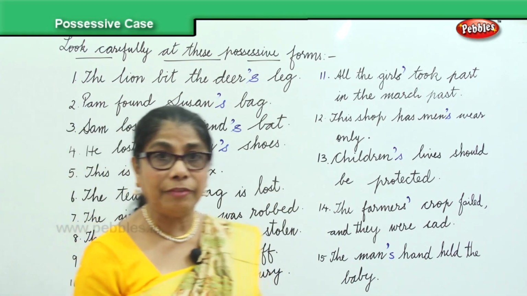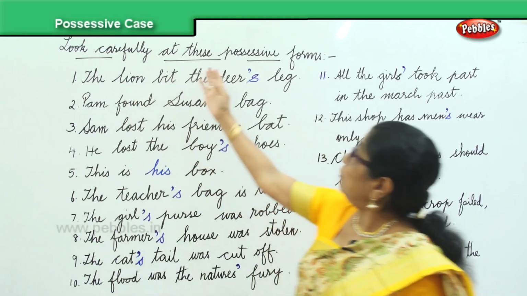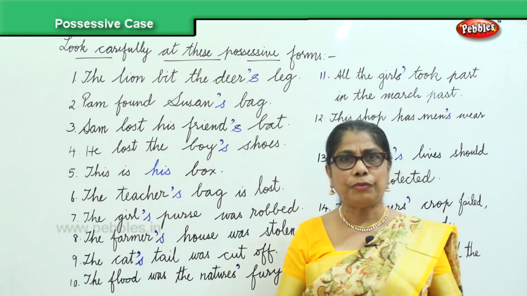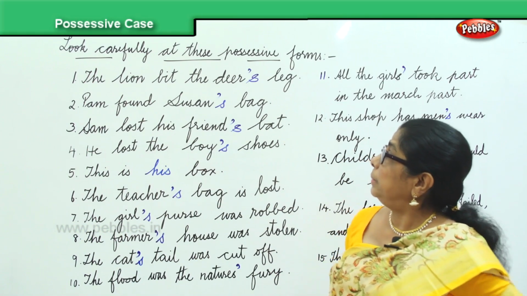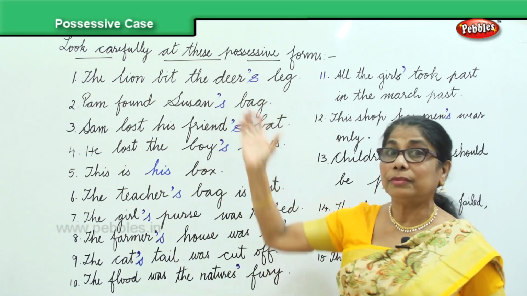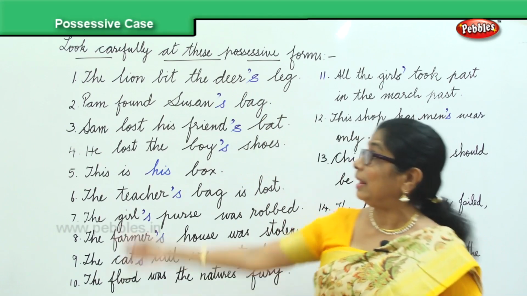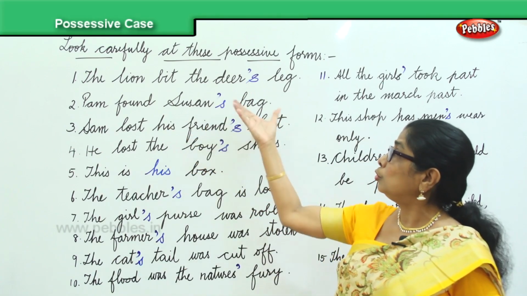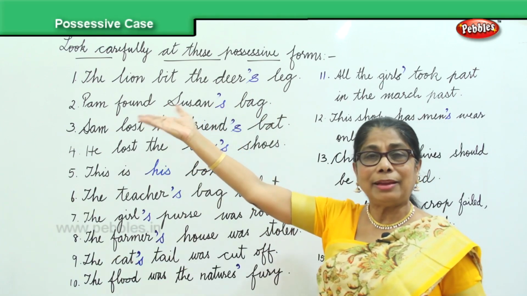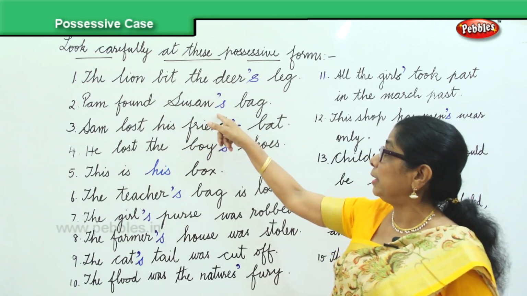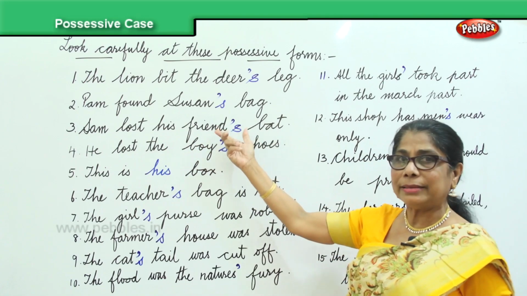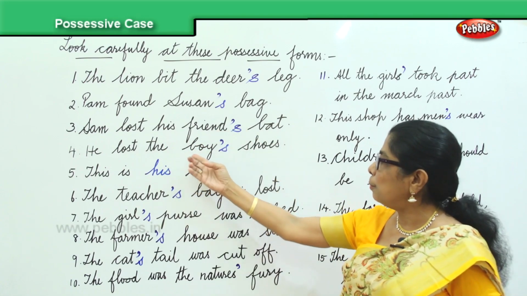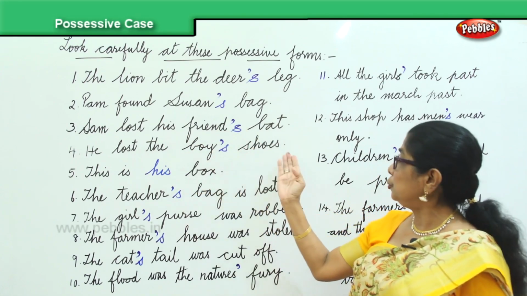Let's look at it carefully. Now, look carefully at these possessive form sentences. The first we have is the lion bit the deer's leg. We're talking about the deer's leg. Pam found Susan's bag. Susan's bag is lost. Susan, apostrophe S. Sam lost his friend's bat. Friend's. He lost the boy's, apostrophe S, boy's shoes.